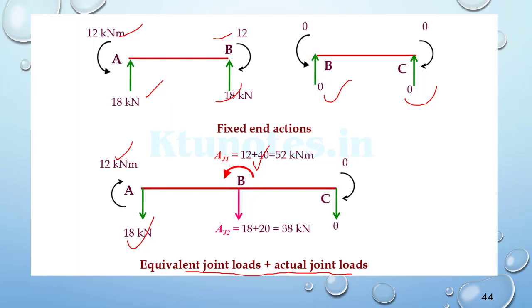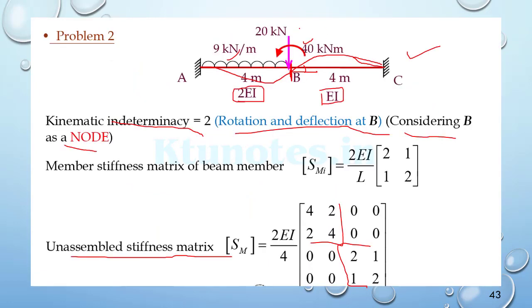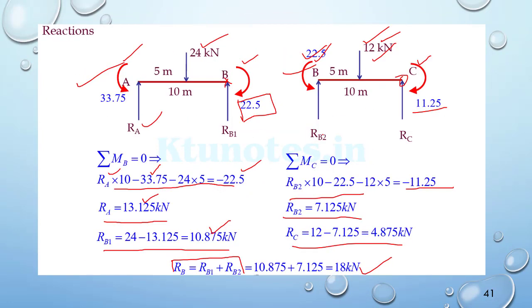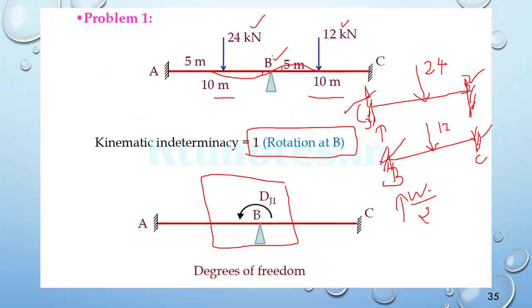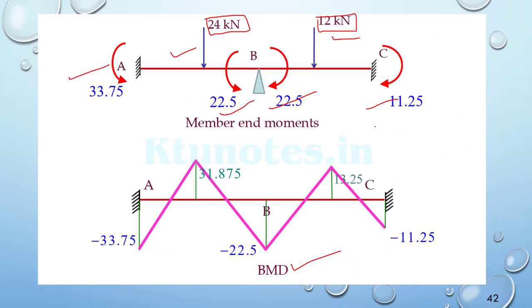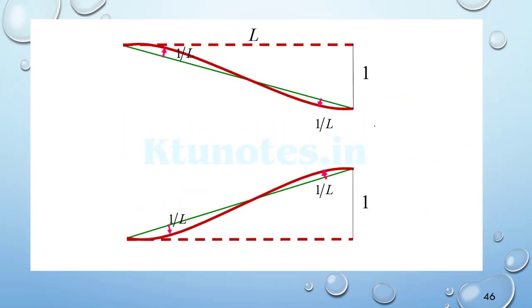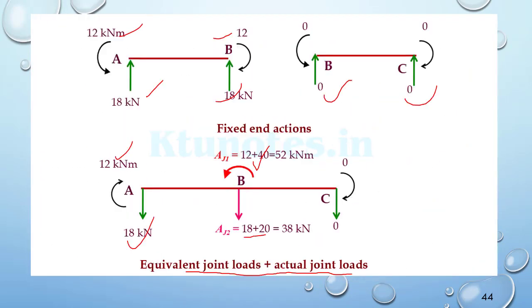And we have AJ2 equal to 18 plus 20; 18 is the force here, and 20 is the load acting at the joint. Please note that for the previous problem, there were no actual joint loads, because the loads acting were converted to equivalent joint loads. But here we have one actual load also to be added to the equivalent joint load, which is shown here.